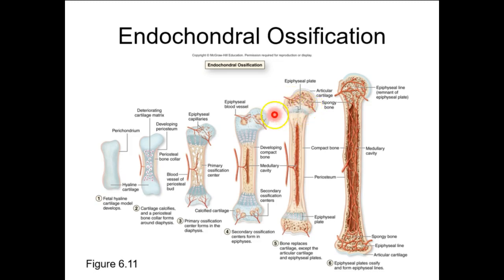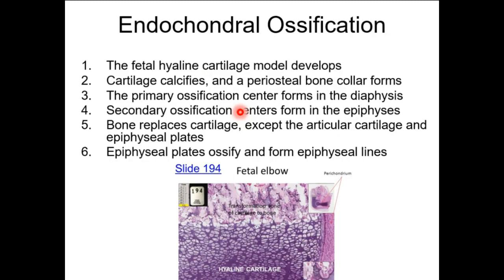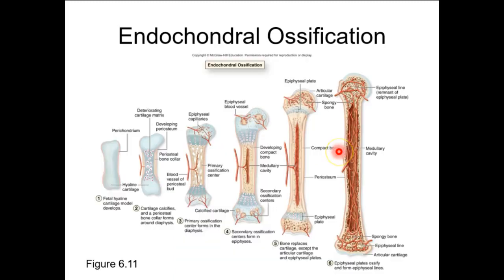So as a preteen, in early teenage years, depending on when you stopped growing, you were still putting your weight on cartilage. And that is normal. Gradually, bone replaces cartilage except for the articular cartilage at the epiphyseal plates. And then eventually, in adulthood, the epiphyseal plates ossify and form epiphyseal lines.